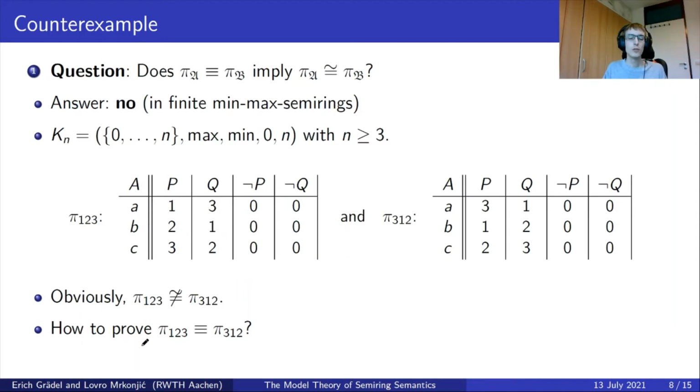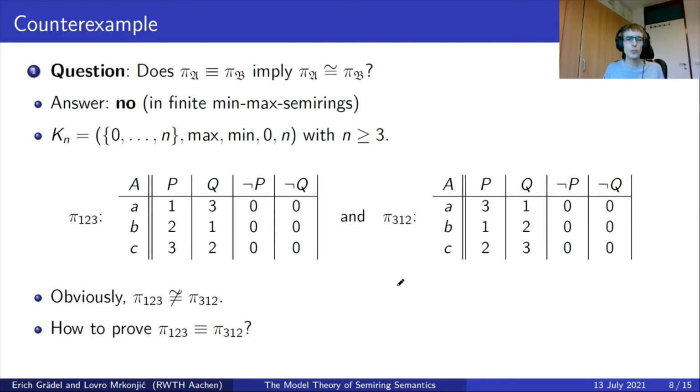But we do not have any methods to prove it, because normally, if we were in classical semantics and we wanted to prove that two structures are elementarily equivalent, a very straightforward way to do that would be using Ehrenfeucht-Fraïssé games. But as you see, the Ehrenfeucht-Fraïssé game would tell us that we can separate these two structures.